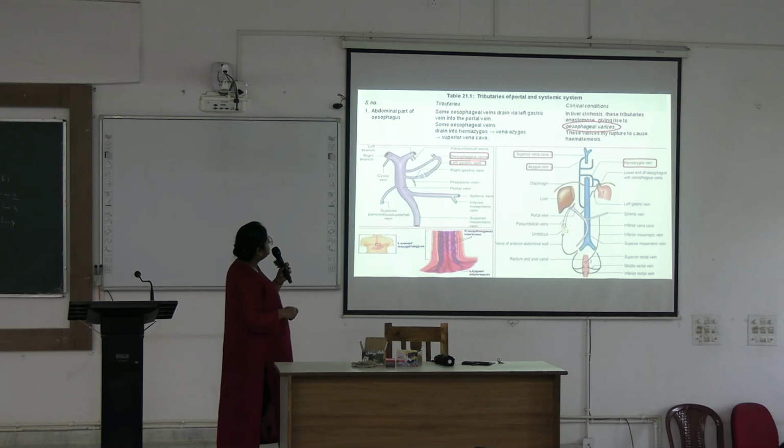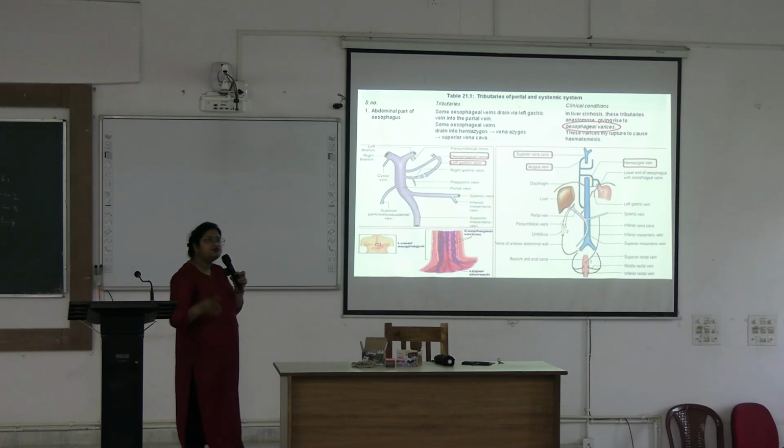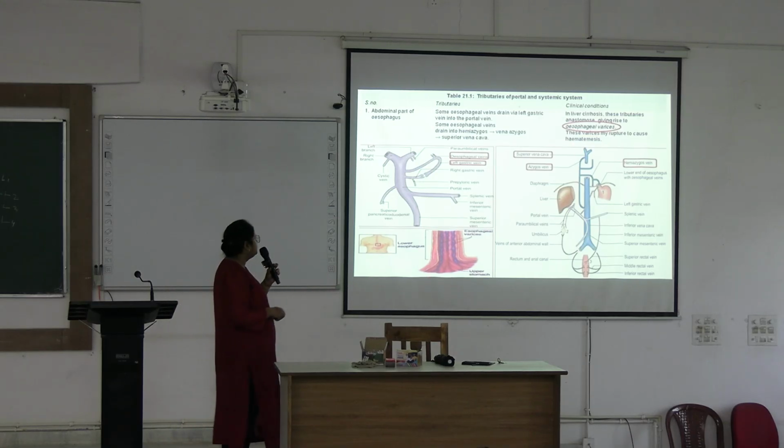Here esophageal veins are draining into left gastric vein. This is portal system, and here is the caval system. Some of the esophageal veins drain into this azygos system, azygos, hemiazygos vein, then into superior vena cava. So if the anastomosis gets dilated, there will be esophageal varices.